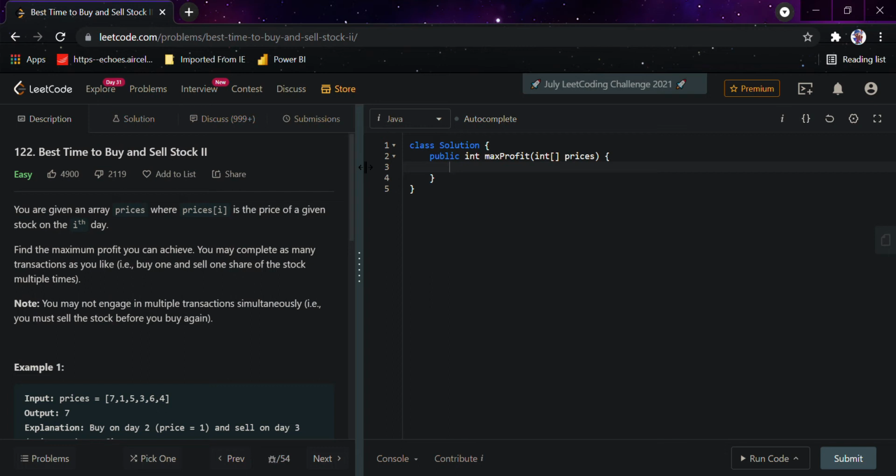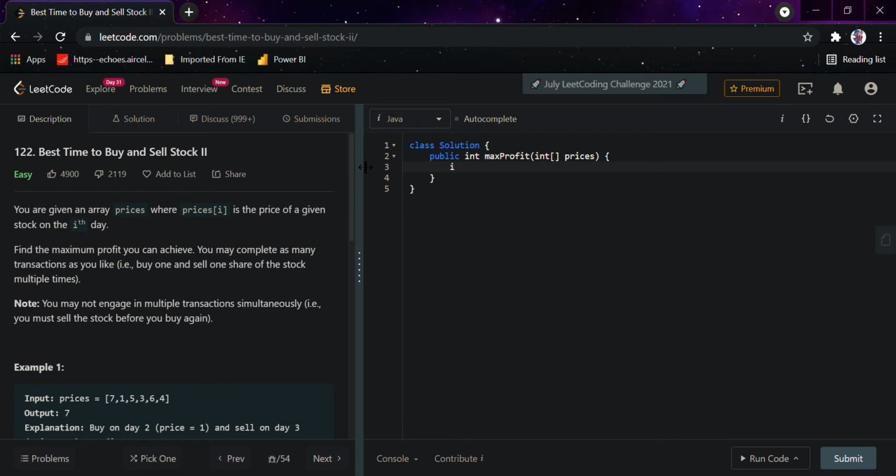In this question I would be using two methods. One is the basic brute force method and the second is the dynamic programming approach. You can choose either method depending on whichever you like.